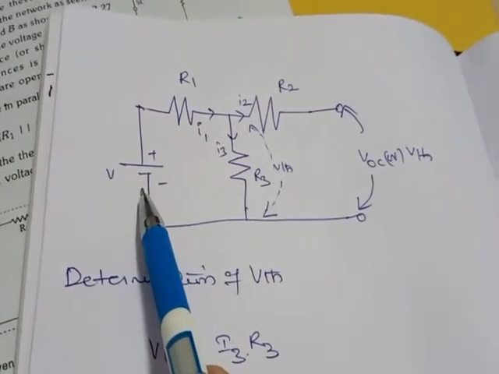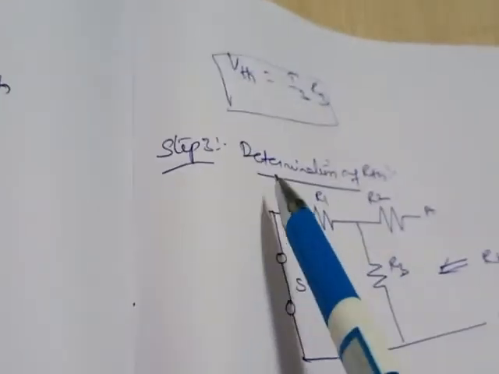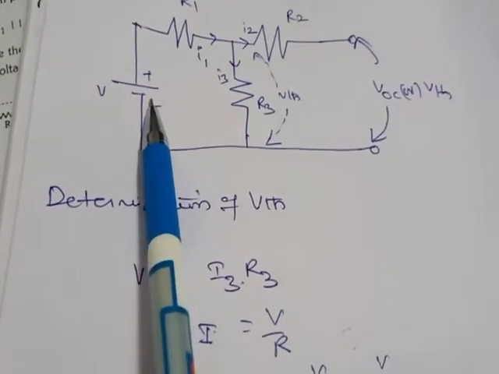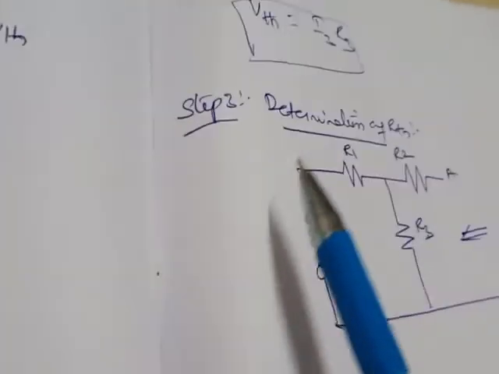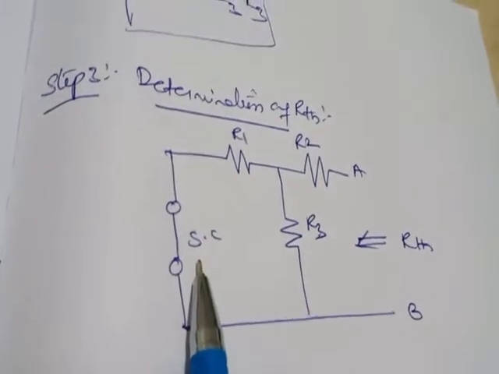Here we do not have any internal resistance, simply a voltage source, so represent that voltage source as a short circuit. If there is any current source, it has to be open circuited. In this figure we only have a voltage source, so the voltage source has to be short circuited, and any current source should be open circuited.